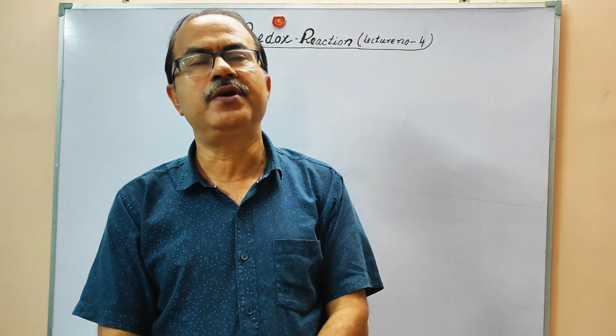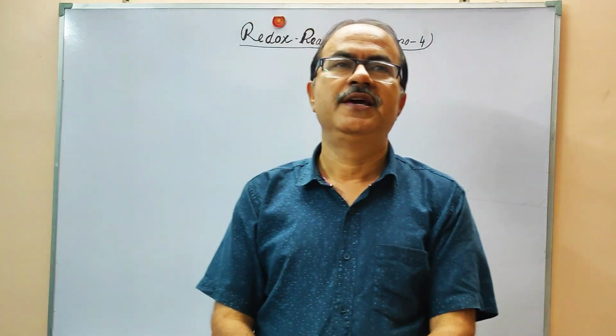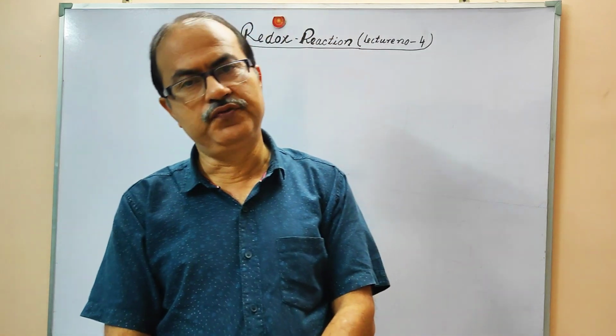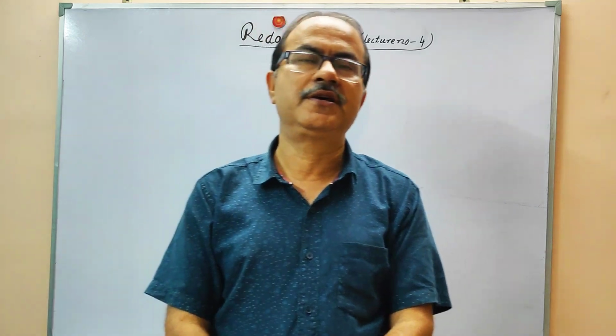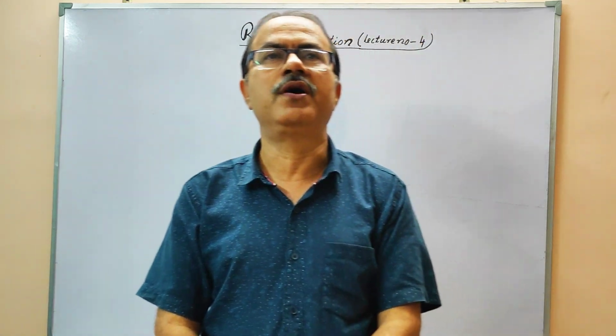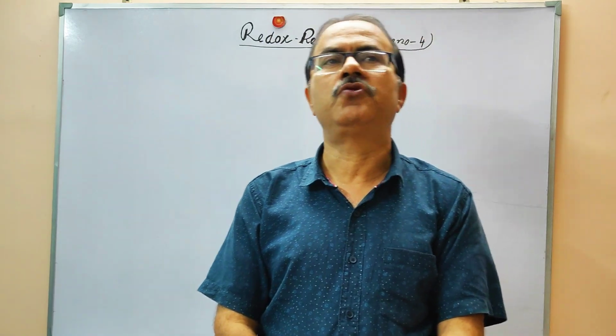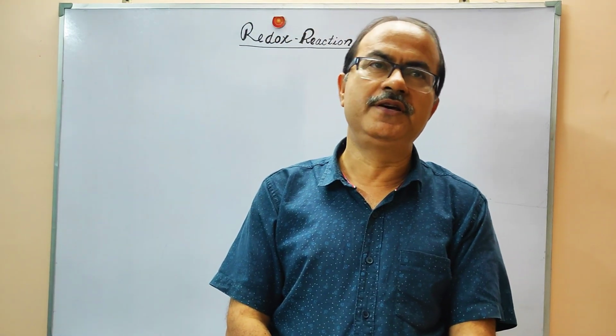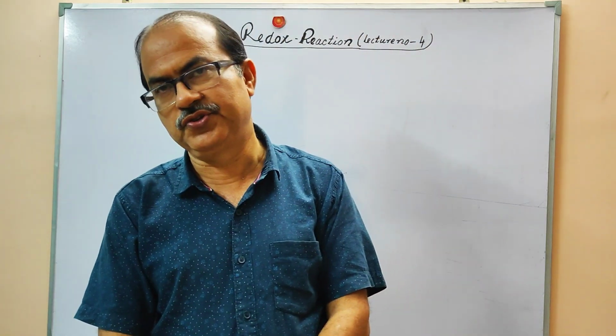Oxidation is the losing of electrons and reduction is the gaining of electrons. And we understood what a reducing agent and an oxidizing agent are. The reducing agent itself is oxidized and the oxidizing agent itself is reduced.